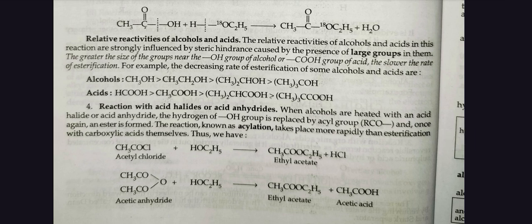The relative reactivities of alcohols and acids in the reaction are strongly influenced by the steric hindrance caused by the presence of large groups in them. The greater the size of groups near the OH group of the alcohol or COOH group of the acid, the slower the rate of esterification.